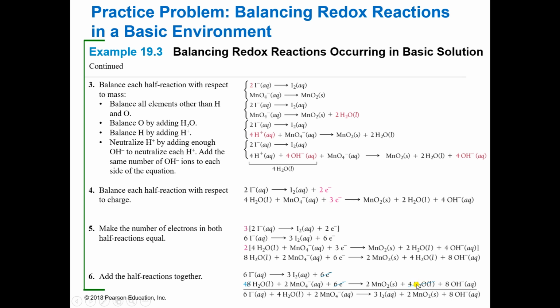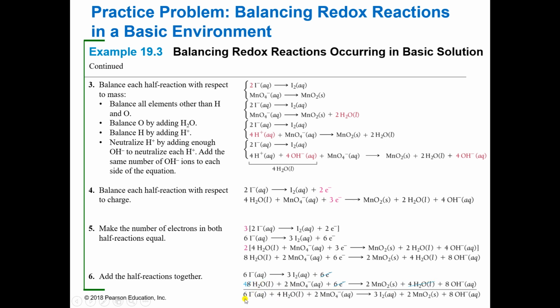So these all go away, and there's a leftover of 4 here. Remember, it's anything other side of the arrow and opposite other side of the arrow. These electrons are opposite, and these waters are other side. So the 4 waters cancel out and go away.